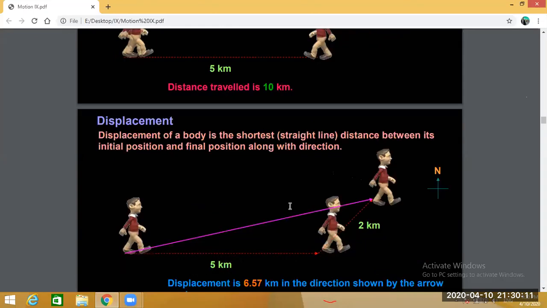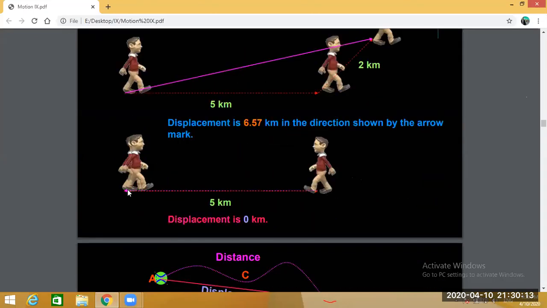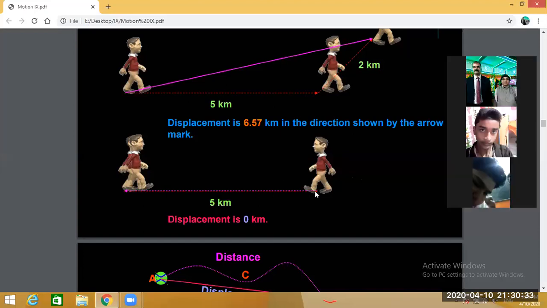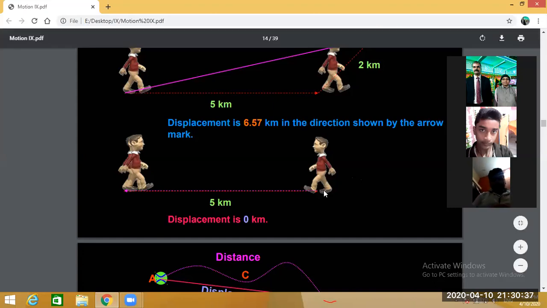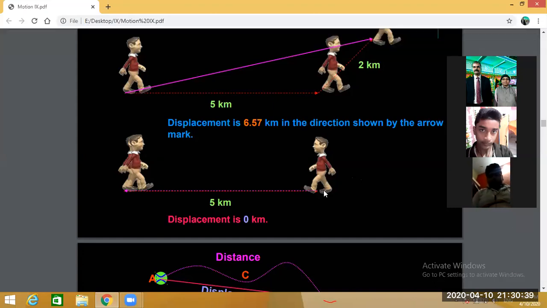But in case of displacement, if a person starts from this place, his displacement is 5 kilometers in the forward direction. So forward direction displacement can be represented by plus 5 kilometers. Now, when a person returns back following the same path to the starting point, in this case, again he covers a displacement of 5 kilometers, but in the reverse direction.